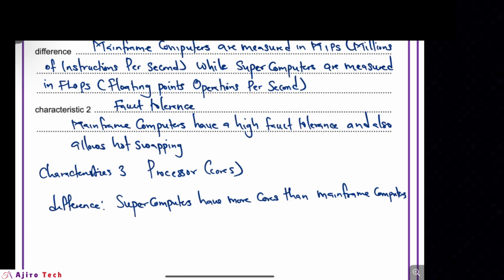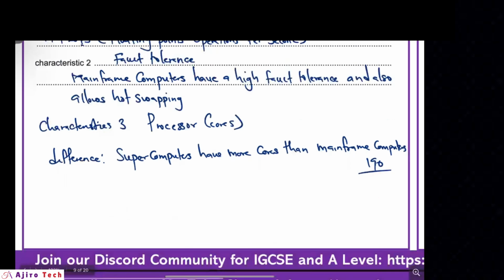I think it's hundreds of cores for mainframe. Supercomputers have hundreds of thousands. Yeah, I think so. Hundreds of thousands, right? So it has more cores than the mainframe computer.